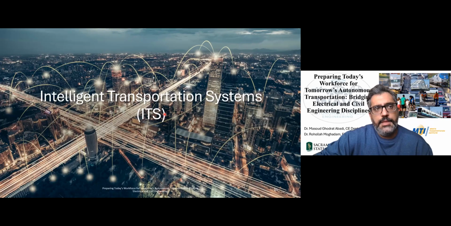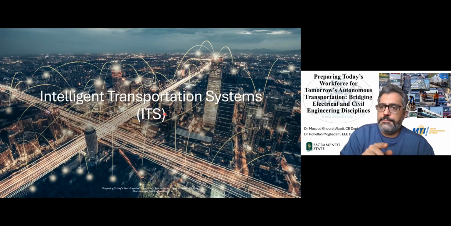Because if we draw a Venn diagram and look at transportation engineering and electrical engineering, at the center of the intersection of these 2 areas, there is ITS. This is where we are actually using electrical engineering to improve everything that we talked about so far, to improve that human experience, to improve level of service.